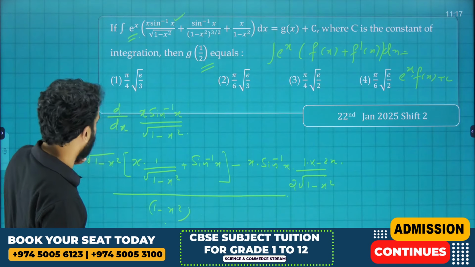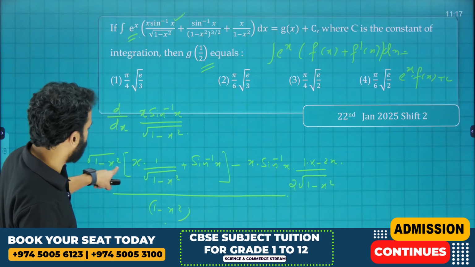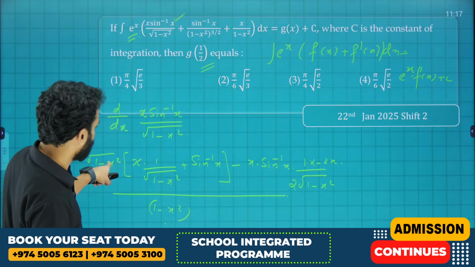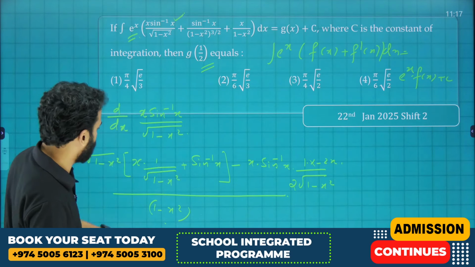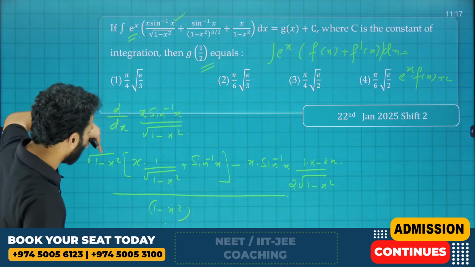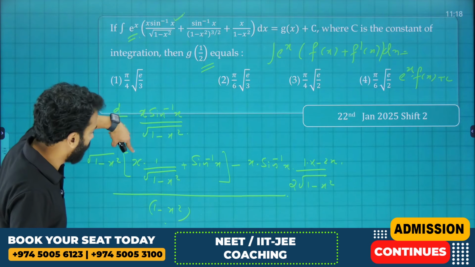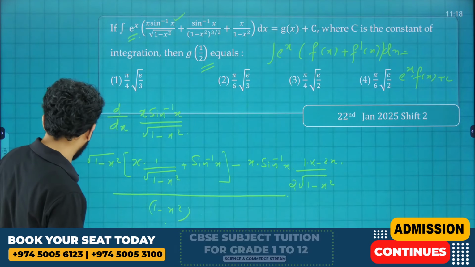There is no space here, that's why we moved on. If you multiply this, it will be root 1 minus x square, and this will be cancelled. This will be x plus root 1 minus x square into sine inverse of x. So we can split the 1 minus x square. This root 1 minus x square will get cancelled, and remaining will be x by 1 minus x square.